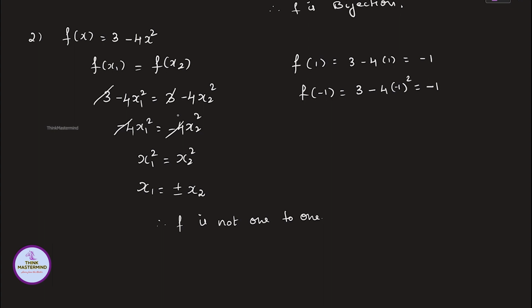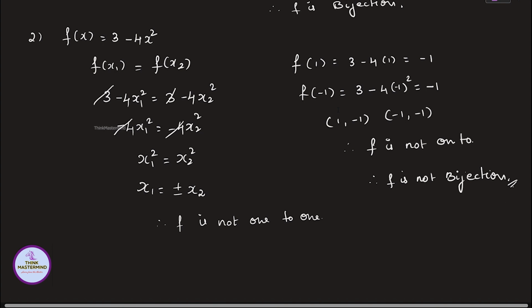Therefore 1 and minus 1, both elements in A, have the same image. Therefore, f is not onto. Therefore, f is not bijection.